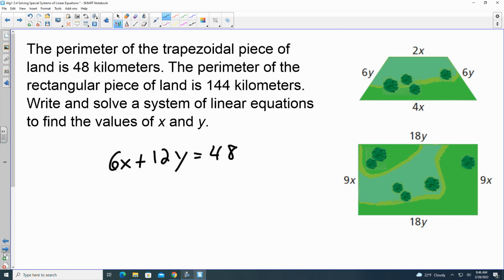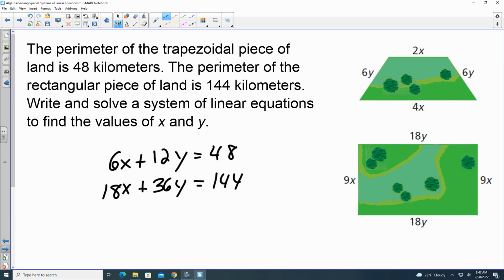Looking at the rectangular piece of land, 9 plus 9 is 18, so that's 18x plus 36y is equal to 144. So essentially, I have to choose one of the two to multiply by.